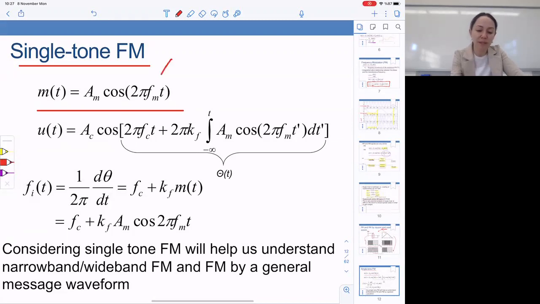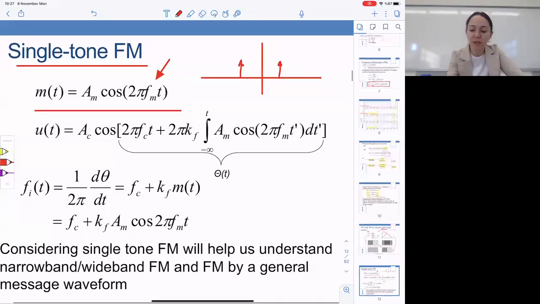So the message signal has frequency f_m. We will also say it has bandwidth f_m. In general, of course, our modulated signal is not going to be just a sinusoid, it's going to have a certain bandwidth.